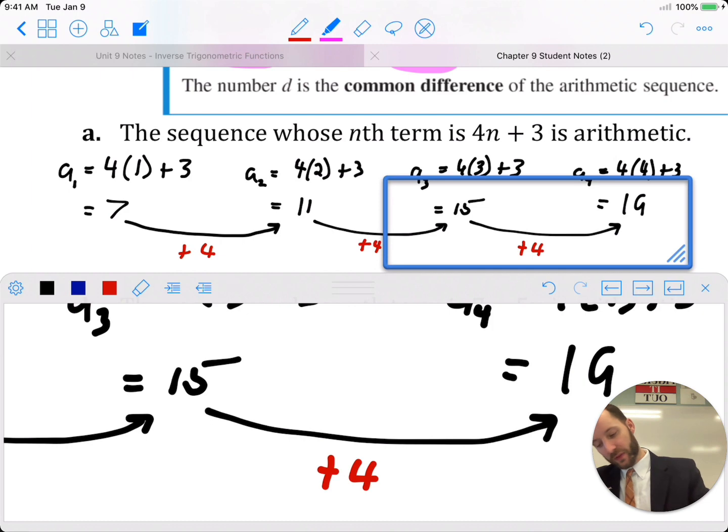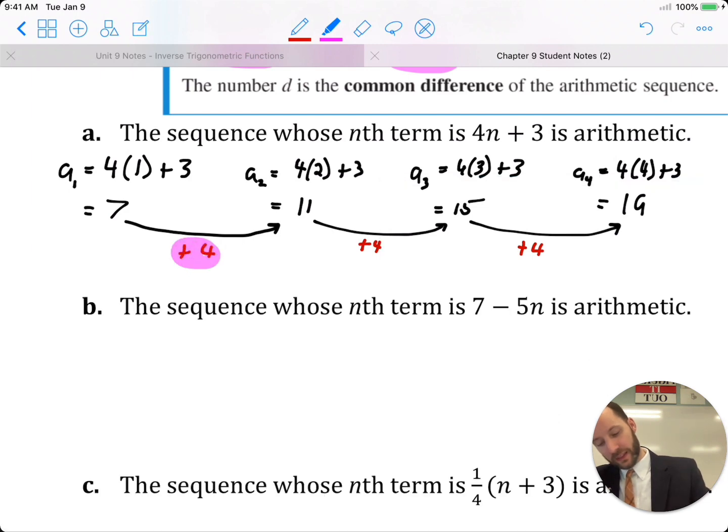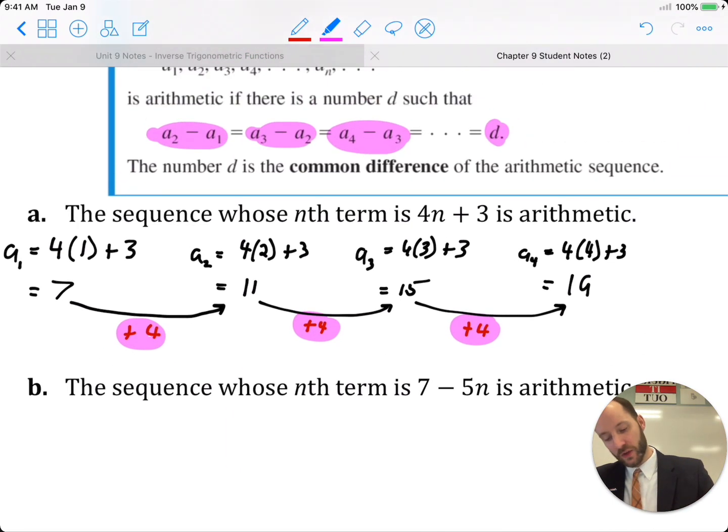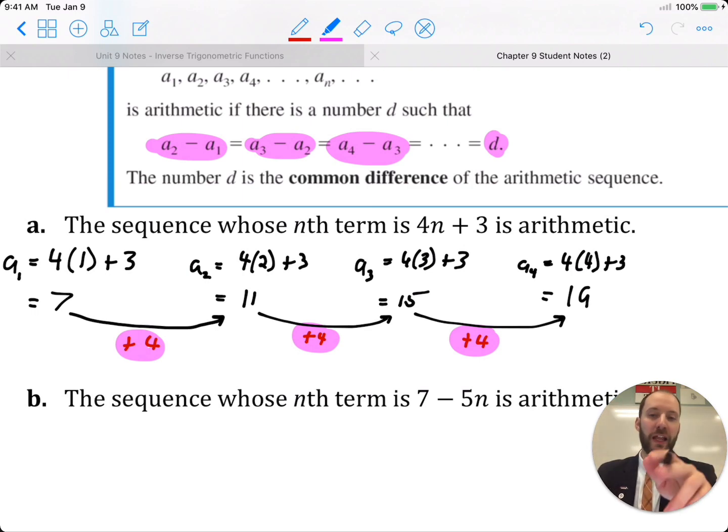When you have this commonality between the terms, that plus 4 is your D value, your common difference, and look at the explicit formula, 4n plus 3. Again, common difference can kind of be thought of as the slope of these sequences and series.